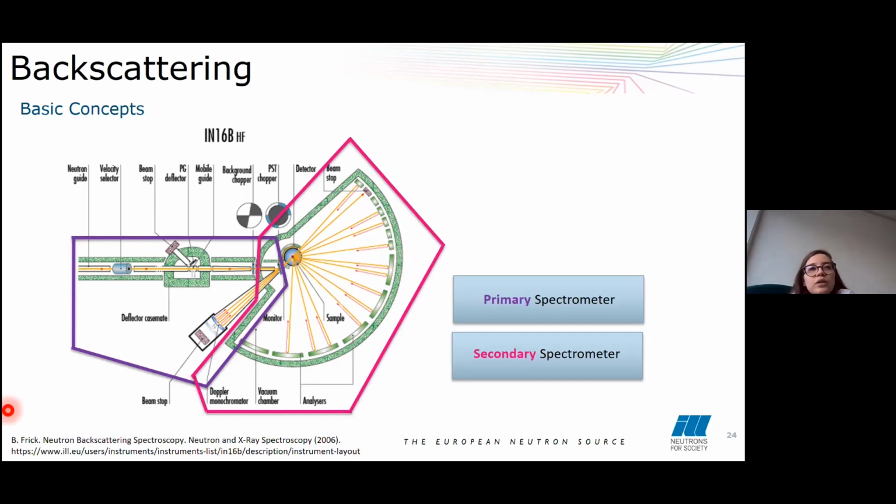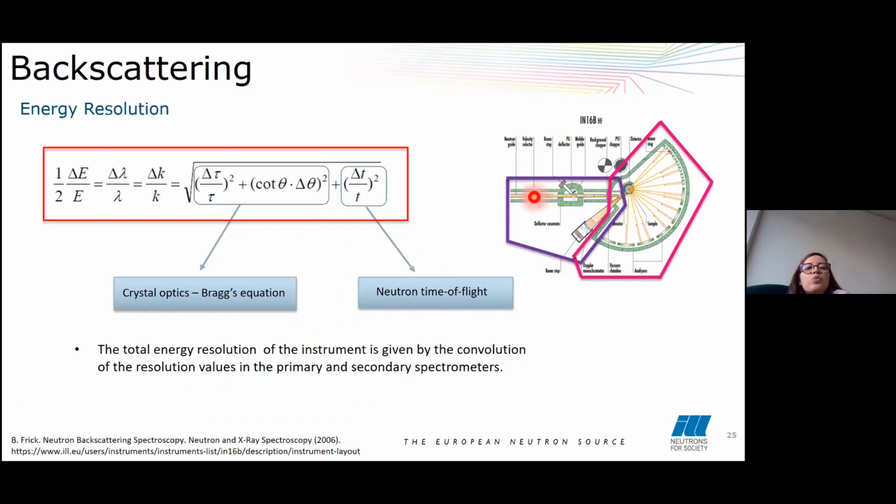So the precision at which the neutron energy can be obtained, either in the primary or in the secondary spectrometer, is given by this formula here. The first two terms under the root come from the crystal optics and can be derived from Bragg's equation.